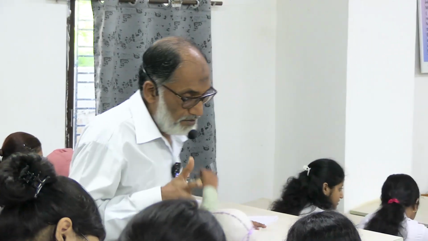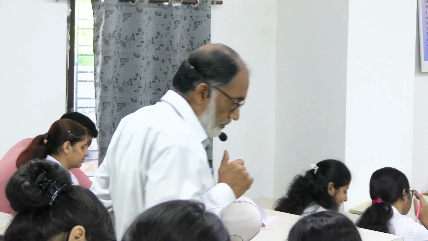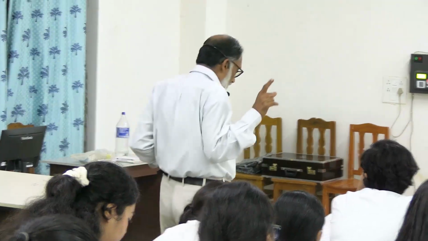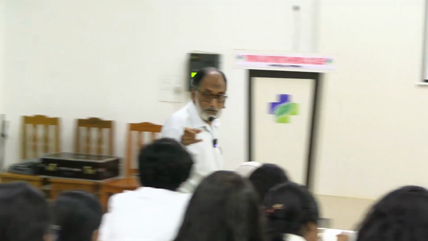Here you will find another buccal nerve. In the dissection of the face, there is another buccal nerve, that is a branch of the mandibular division of the trigeminal nerve.